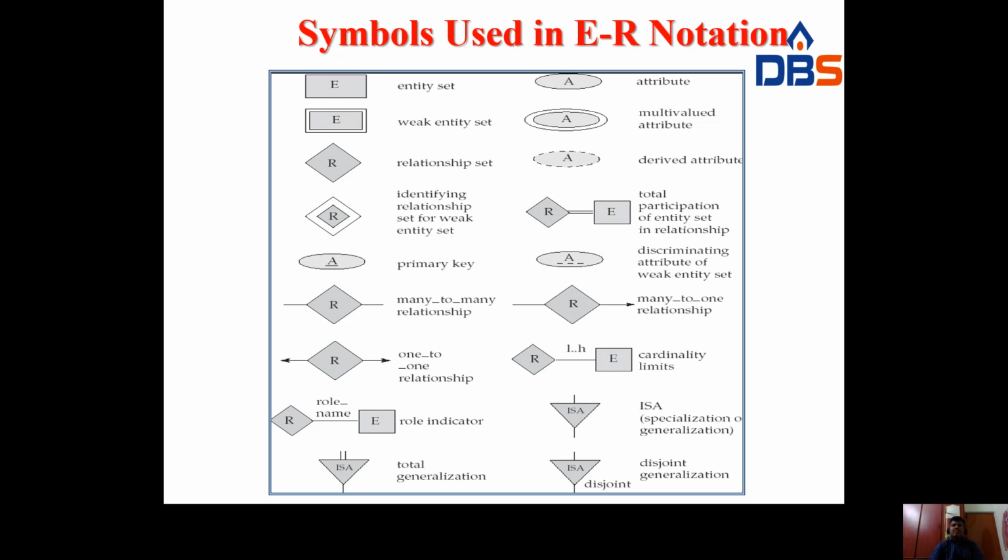Here we are using some set of symbols. For the purpose of ER notation, an entity set is a rectangle, an ellipse is for the attribute, and there is a symbol for the weak entity set and for multi-valued attributes, and then the relationship diamond symbol is there. These are the symbols especially used for entity relationship notations.